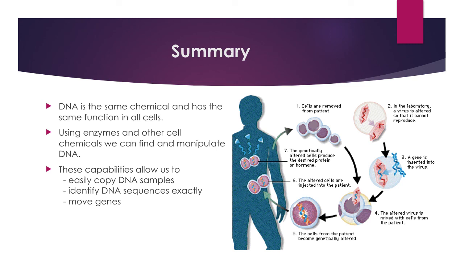The basics of DNA technology are things we discovered from cells, and now we can harness them and use them to move genes of interest and find genes. We're going to go over a couple of applications of this in the next mini lectures.